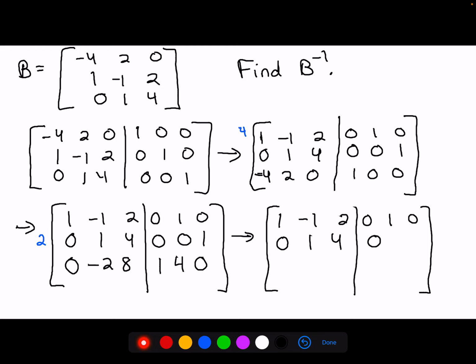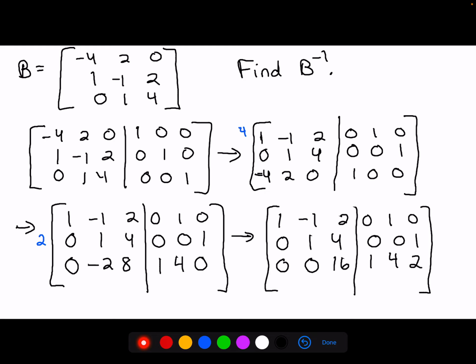I'm just going to be using a multiple of it to add to row 3. So 2 times 0 is 0 plus 0 is 0. 2 times 1 is 2 plus -2 is 0. 2 times 4 is 8 plus 8 is 16. 2 times 0 is 0 plus 1 is 1. 2 times 0 is 0 plus 4 is 4. 2 times 1 is 2 plus 0 is 2.